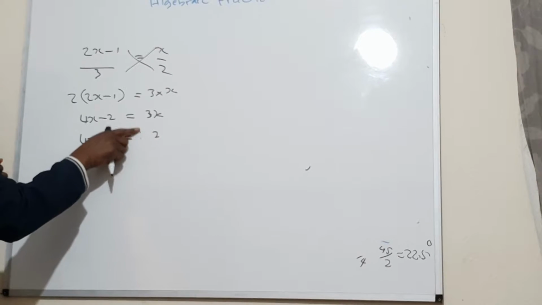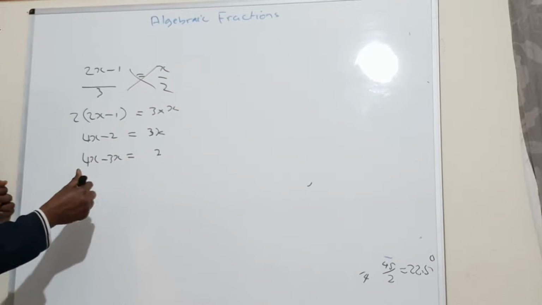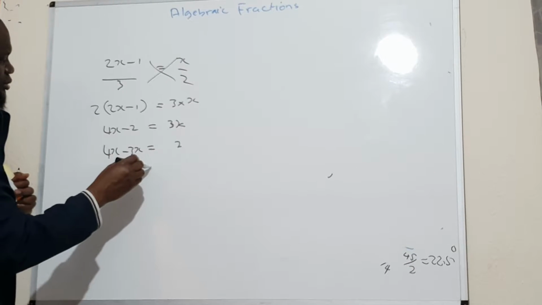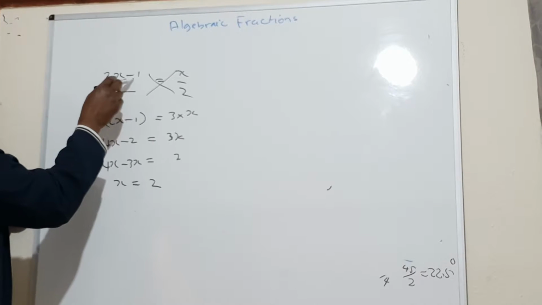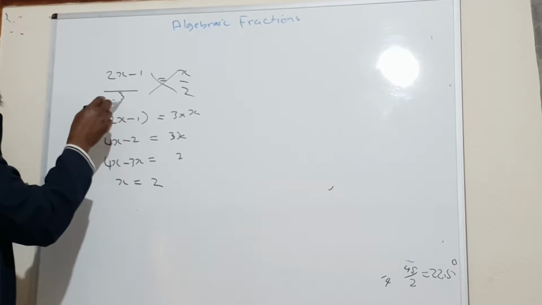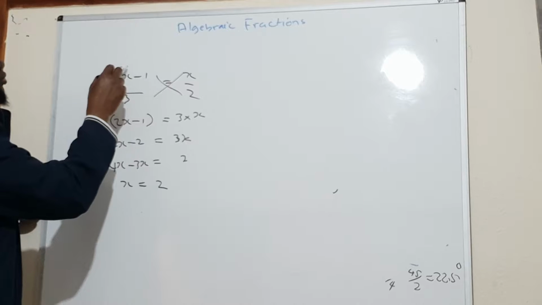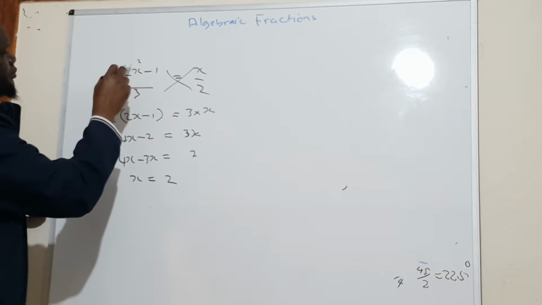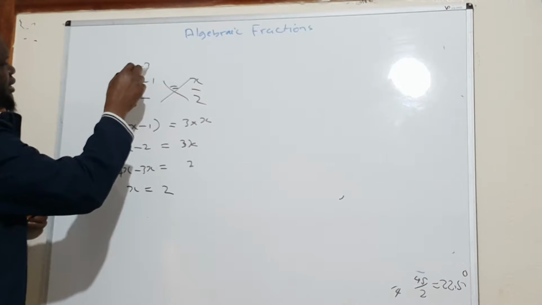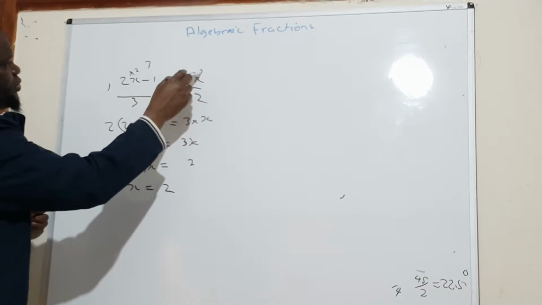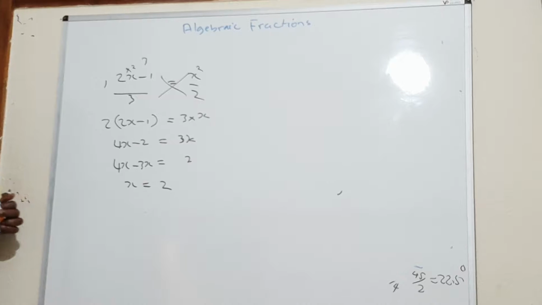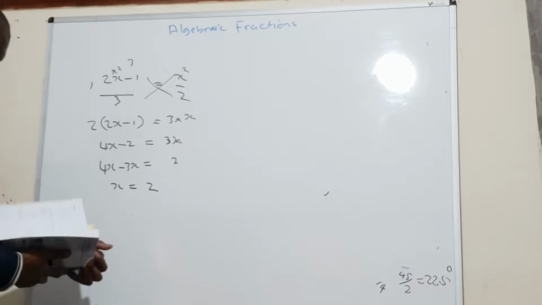Move 2 over. So x is equal to 2. Put 2 here, 2 times 2 is 4, 4 minus 1 is 3, 3 over 3 is 1, 2 over 2 is 1. So they are equal to each other.